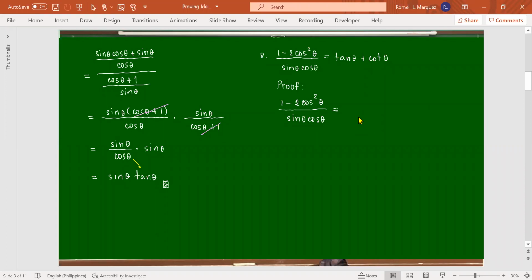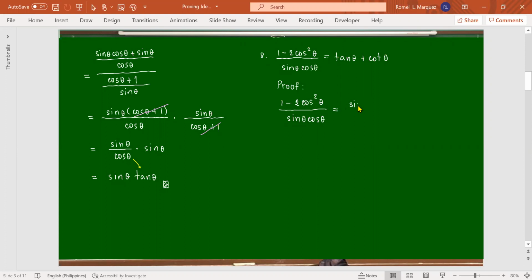So let's see what do we have to do here. I want this to be a sum or difference. I'm not really sure if this is plus or minus. We want it to be tangent, and then here, this is plus cotangent. Let us express 1 in terms of sine theta.